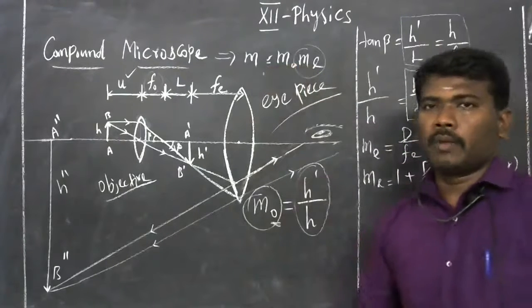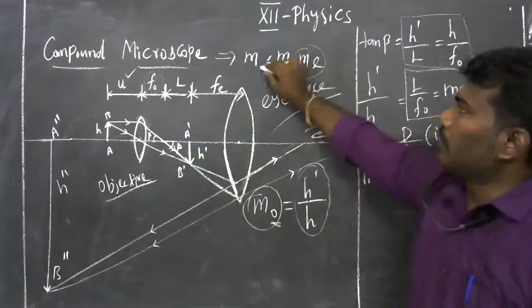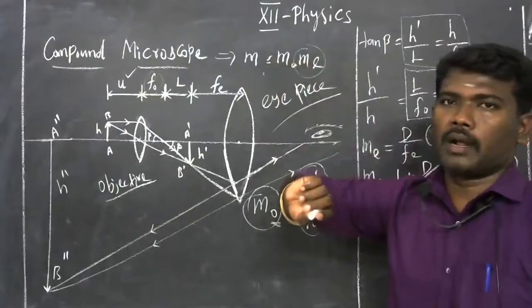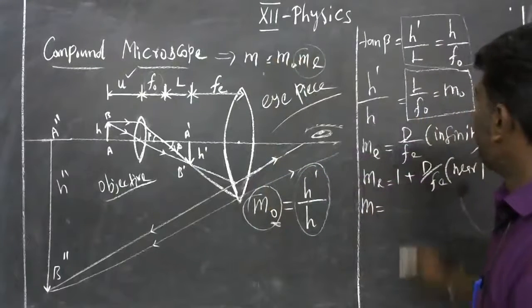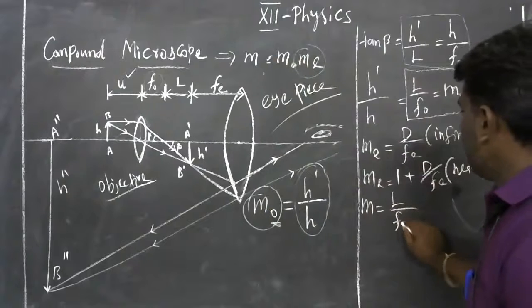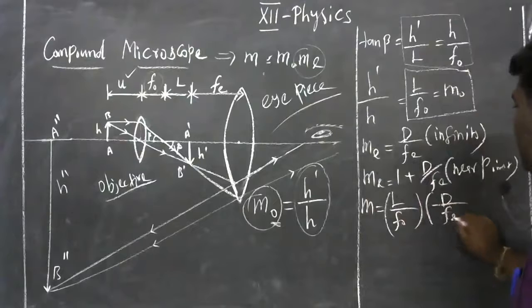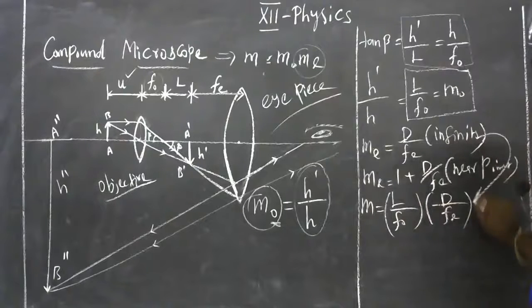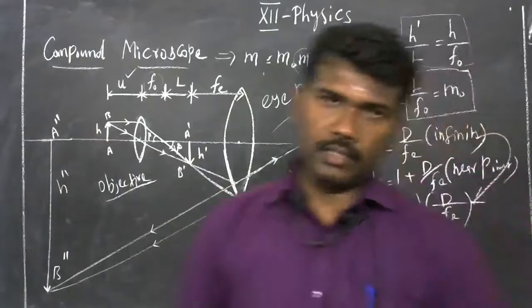M is equal to M naught ME. First of all, I am going to apply the first ME value to find the magnification of the compound microscope. So the formula is M is equal to L divided by F naught and D divided by Fe. This is related to the image formed at infinite distance.